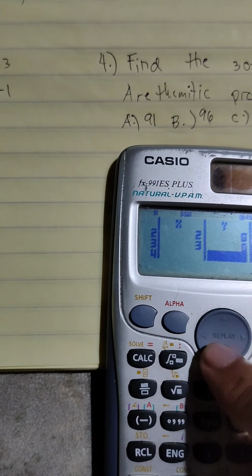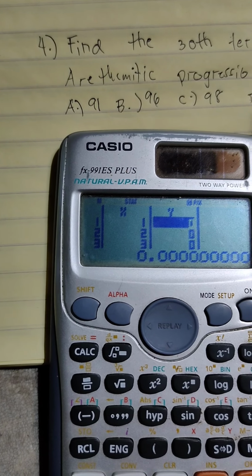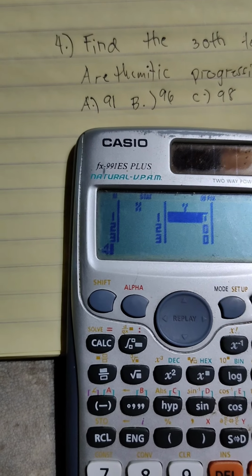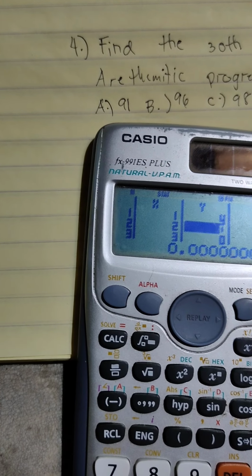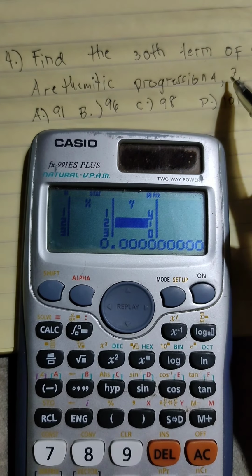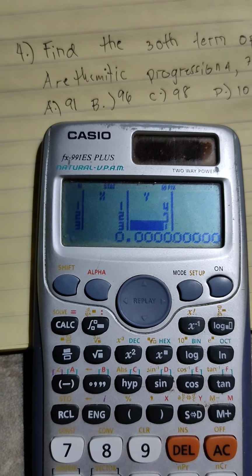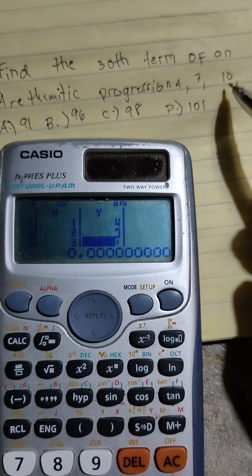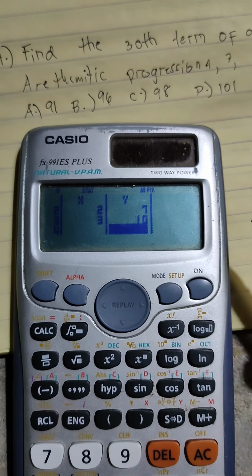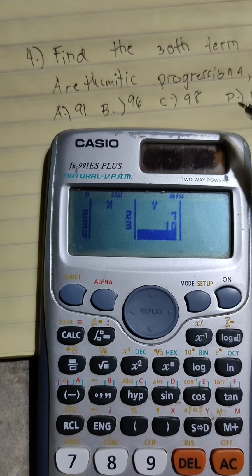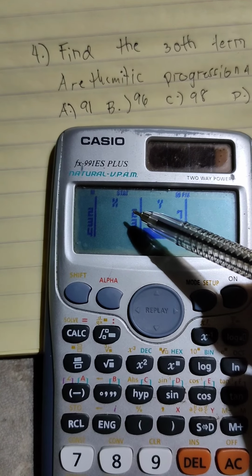Next, our y is 4, then next equals, 7, then the 10. Now we're done inputting the given y and their positions in the x.